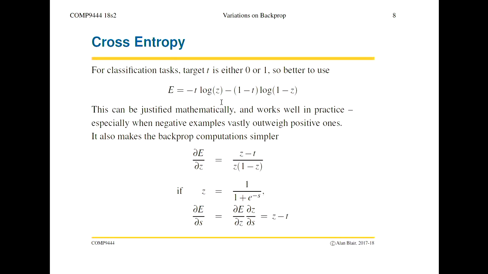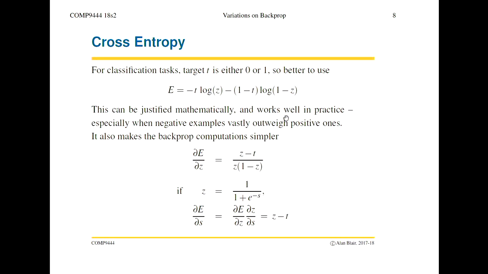Now, for classification tasks, remember that the target output is either 0 or 1. 1 means it's in the class and 0 means it isn't. Now, it turns out that for those classification tasks, it's often better to use this error function rather than the squared error function.